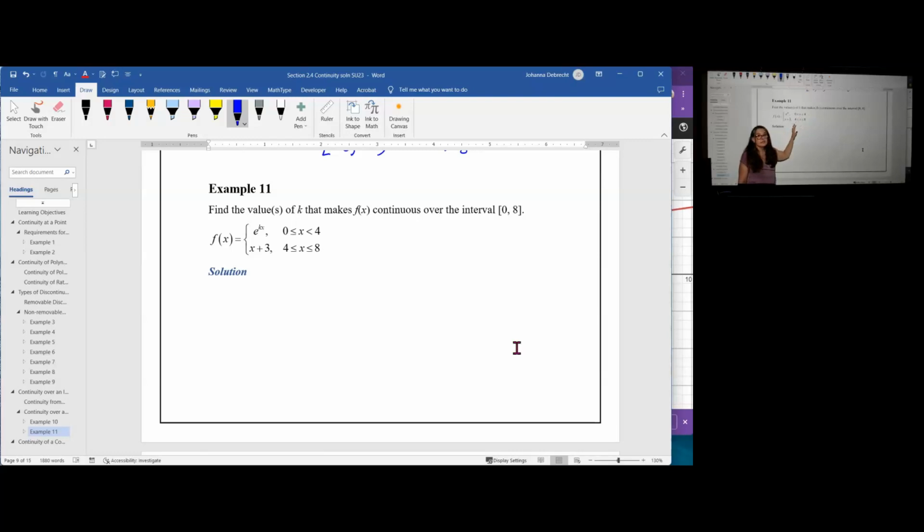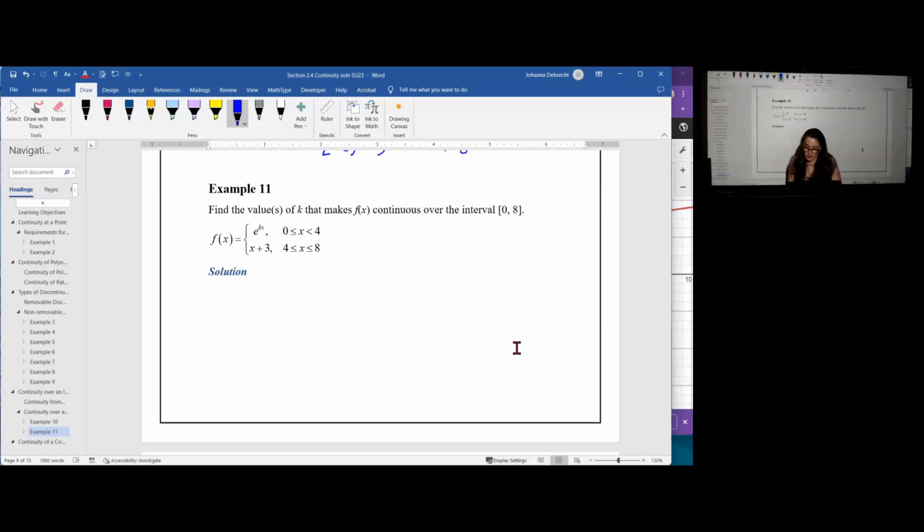For a piecewise defined function, the only point that we have to worry about, if all the pieces are continuous functions, is the point where they connect. In other words, what happens at 4? I need this part of the graph to connect and touch this part so I can draw it without picking up my pencil.